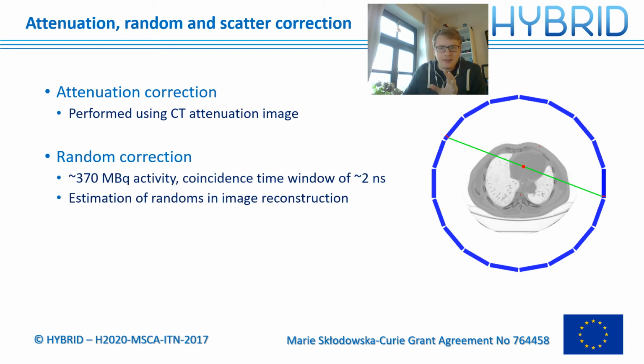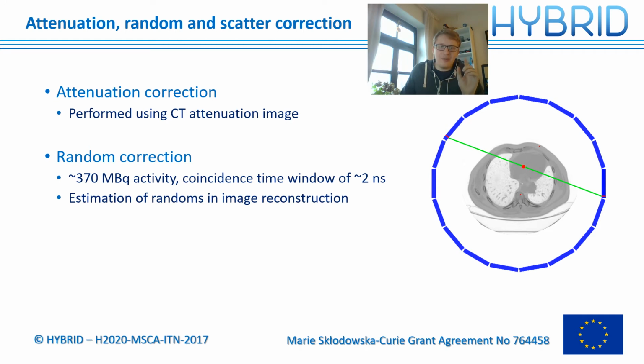The next thing, the random correction. As I said, two coincidences can happen at almost the same time. Usually what we inject into a patient is 370 megabecquerel, so 370 million radioactive decays a second are happening.